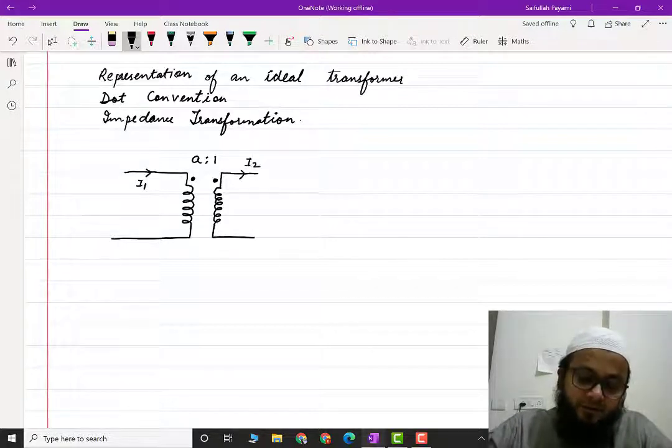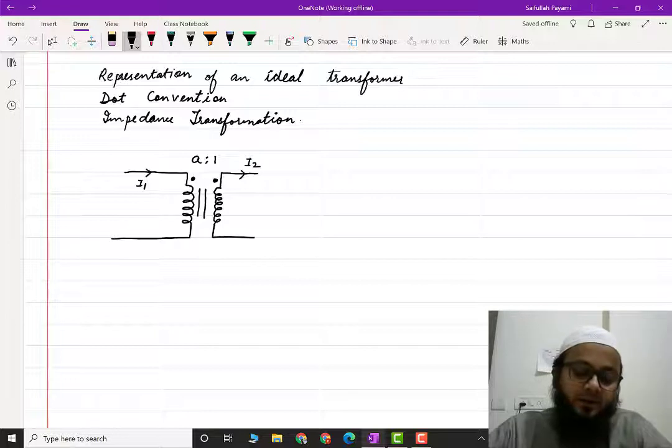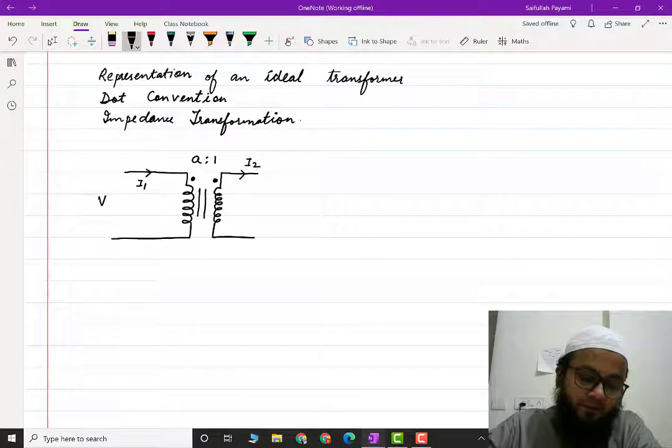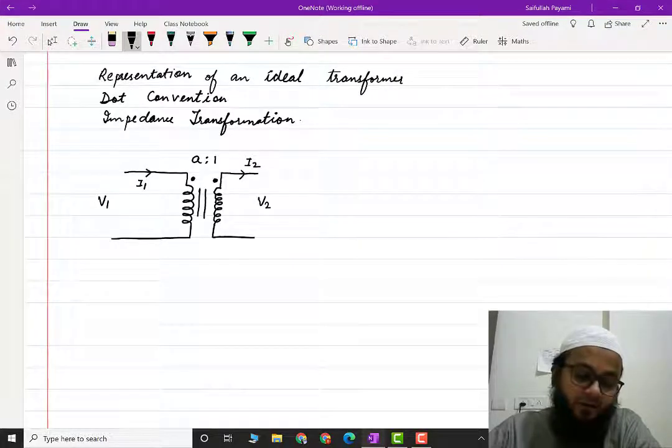We represent the ferromagnetic core by these two straight lines between the windings, which means there is a magnetic coupling between the two windings through a ferromagnetic core. This is the applied primary voltage, and here we have the induced secondary voltage V2. So this is the representation of an ideal transformer.